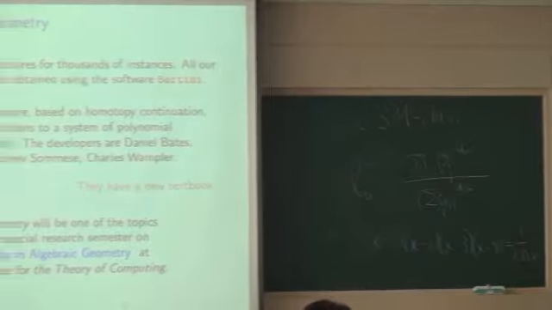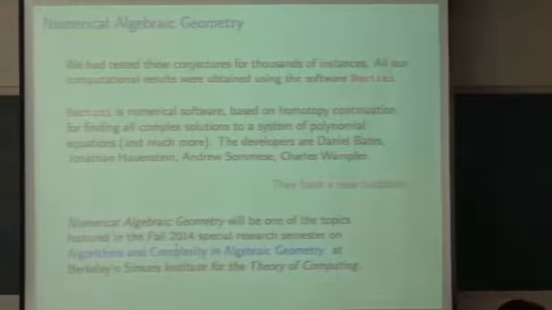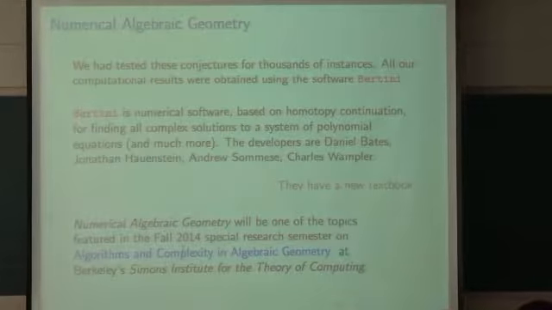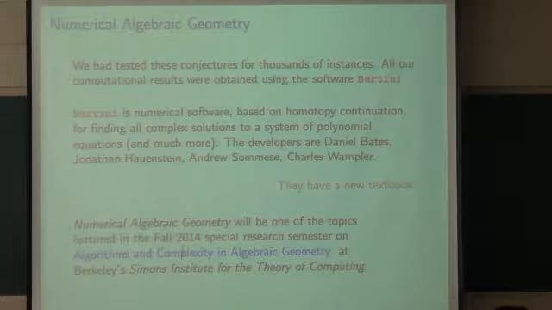So this can be used to find all complex solutions of systems of polynomial equations, but you can do much more with this. You can compute irreducible decompositions, you can compute Chern classes. This is pretty sophisticated. Many of the things that you can do in Macaulay2, you can now do in Bertini. If you're interested in Hilbert series, many of the algebraic invariants you can also get in Bertini now.